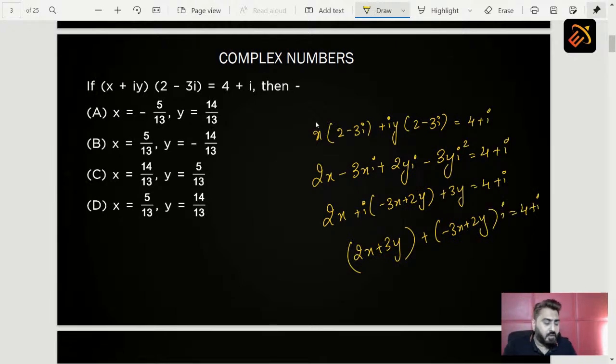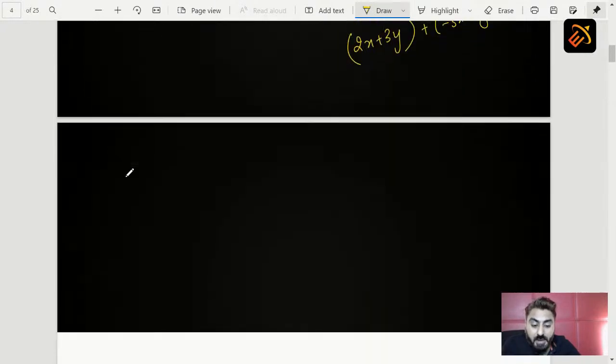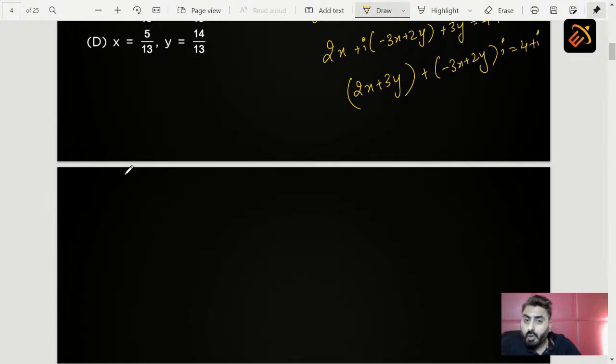इतना मिला. Now students, left side पे complex number, right side पे complex number, और बीच में equal to sign, तो क्या करेंगे?